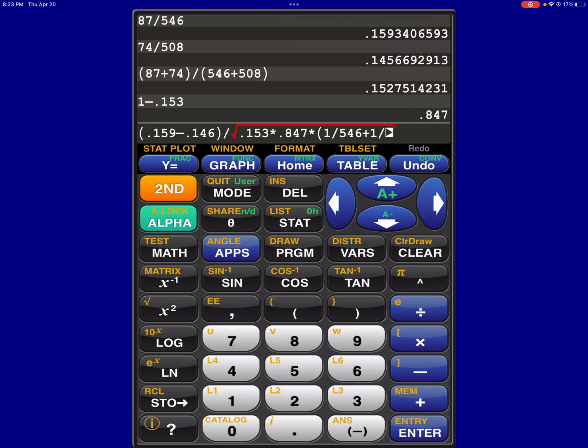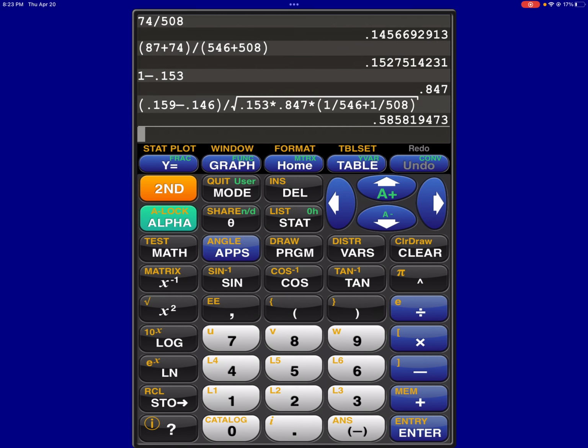I'll leave that up there for a second just so everybody can see how ugly it is and what it should look like when we type it in. And so when we hit enter, looks like we're going to get 0.586 for our z sub t. So 0.586.